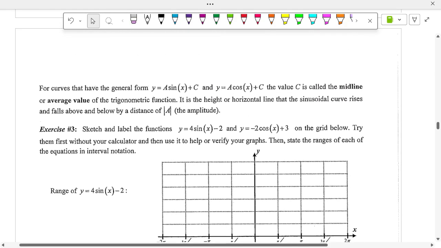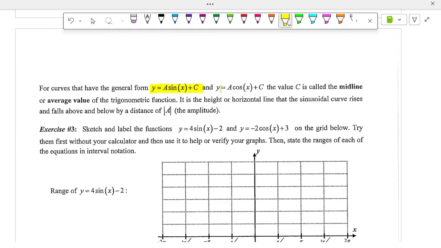All right, so for curves that have the general form y equals a sine of x plus c or y equals a cosine of x plus c, the value of c is called the midline or the average value of the trigonometric function. It's the horizontal line that the sinusoidal curve rises and falls above and below by a distance of the absolute value of a, which is the amplitude.